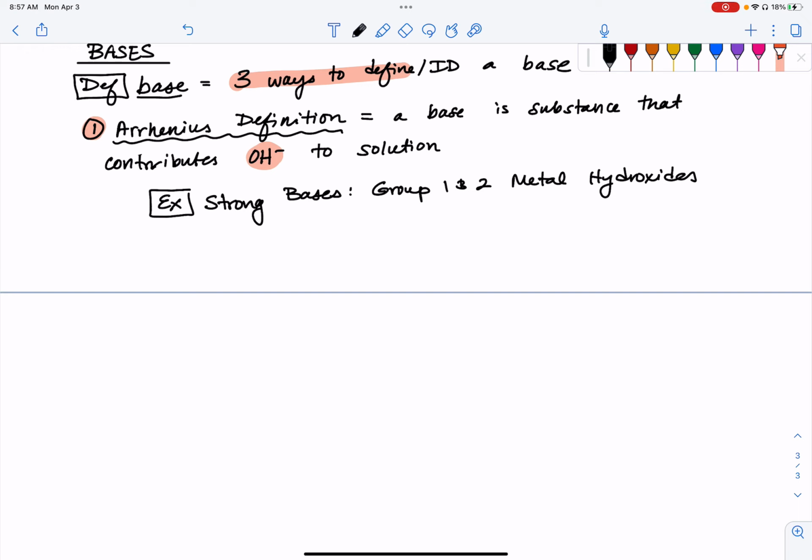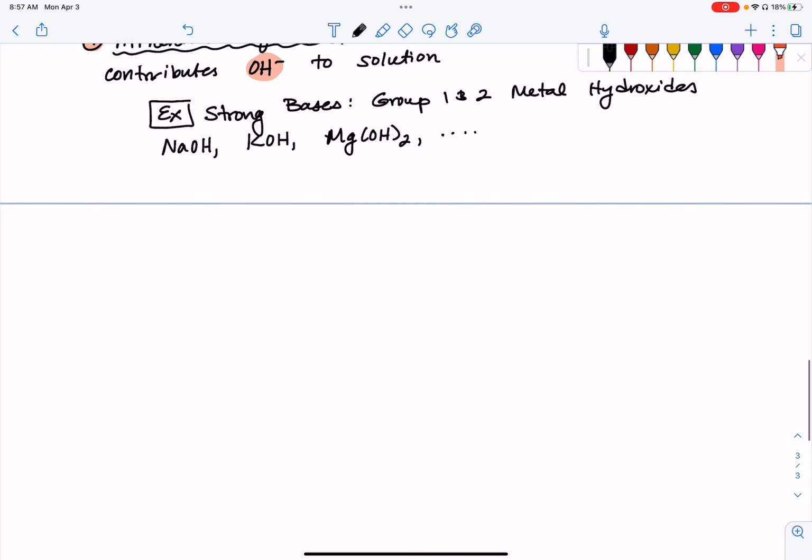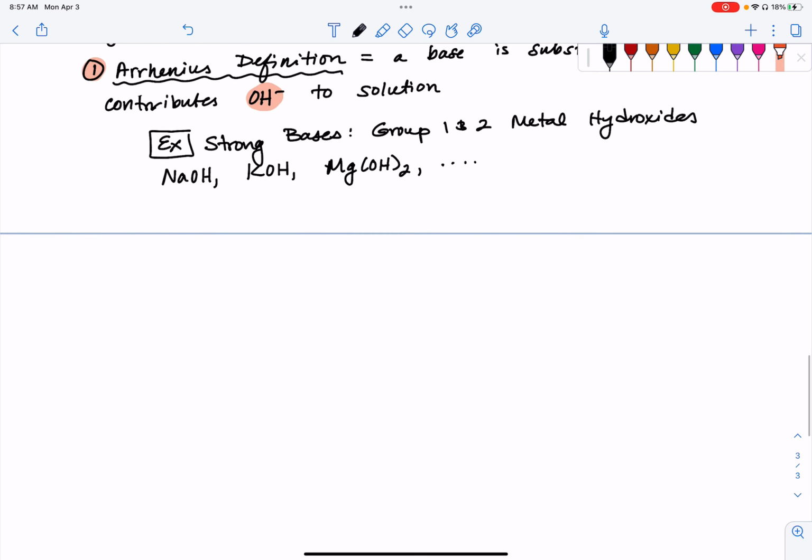So for example, NaOH, potassium hydroxide, magnesium hydroxide, so on and so on. And if we're thinking about what makes these strong, we are going to show a complete or perfect dissociation from that hydroxide anion and its cation. So let's look at sodium hydroxide.